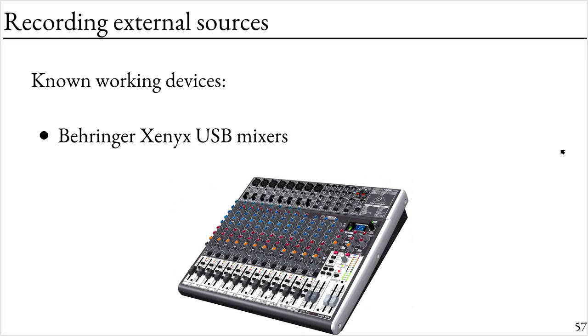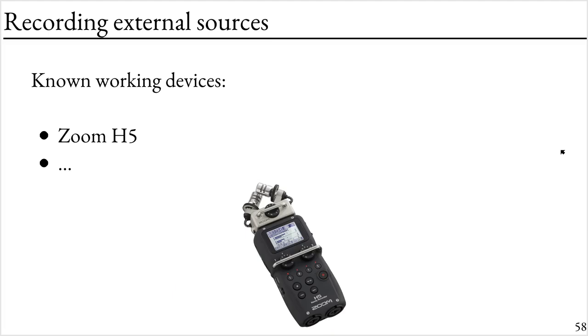Some of their mixers, including one that I use myself, integrate essentially the same chips, so they also work on 9front as is. And devices like the Zoom H5 here, which have a USB port that can be used either to read the contents of the SD card on which everything is recorded, or to use it directly as a USB audio interface, and both work on 9front.